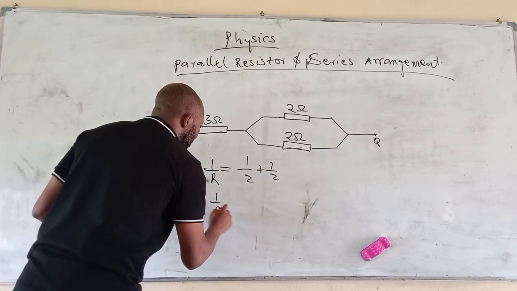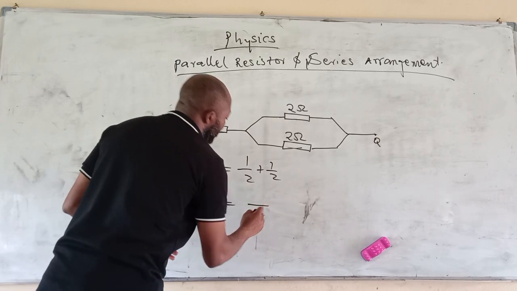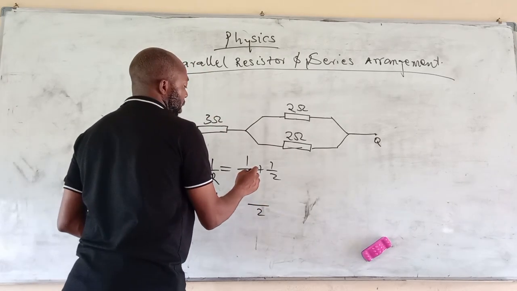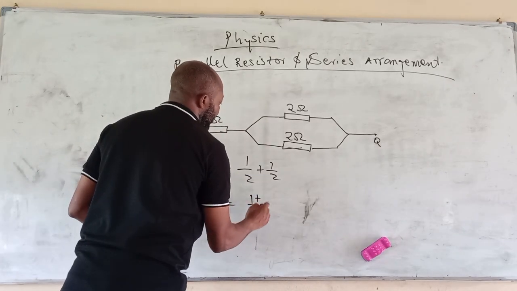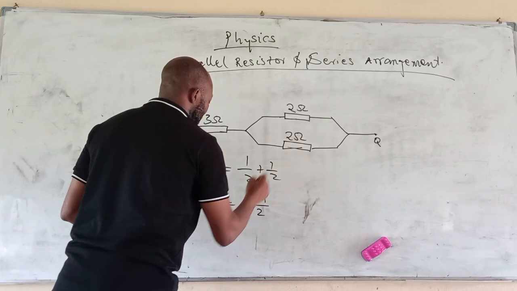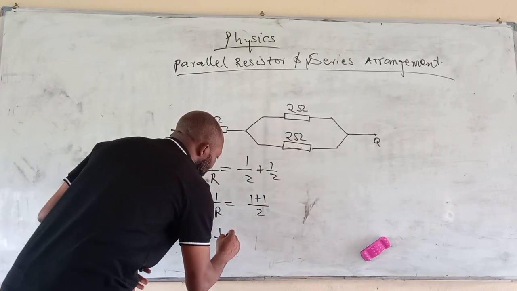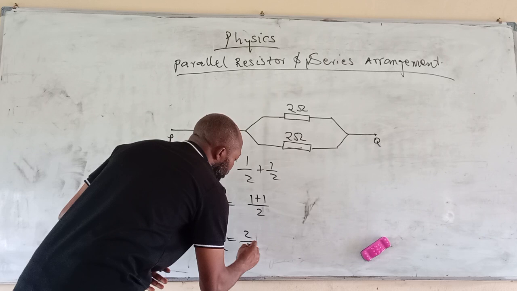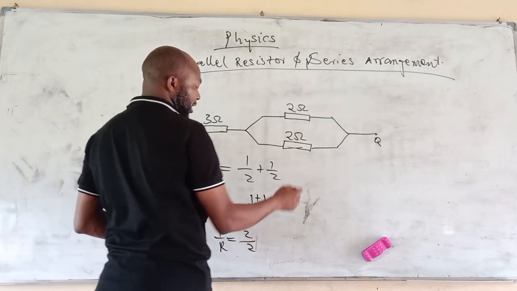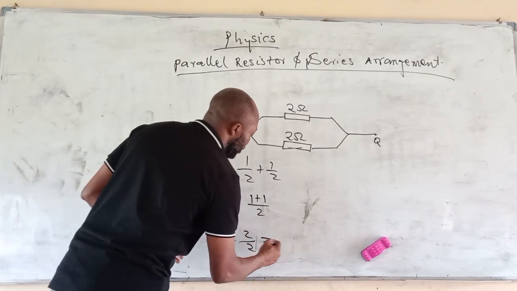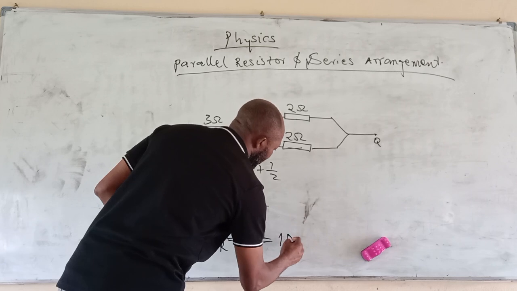The LCM here is 2. 2 divided by 2 is 1, 1 times 1 is 1, plus 2 divided by 2 is 1, 1 times 1 is 1. So 1 over R is equal to 2 over 2. The reverse is 2 divided by 2, which is equal to 1 ohm.